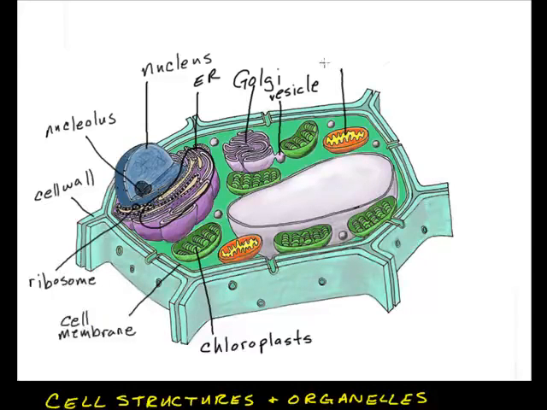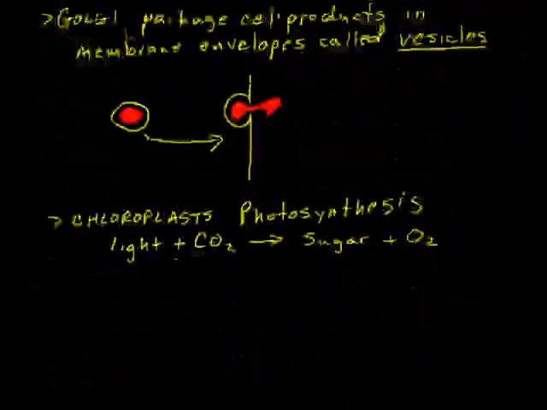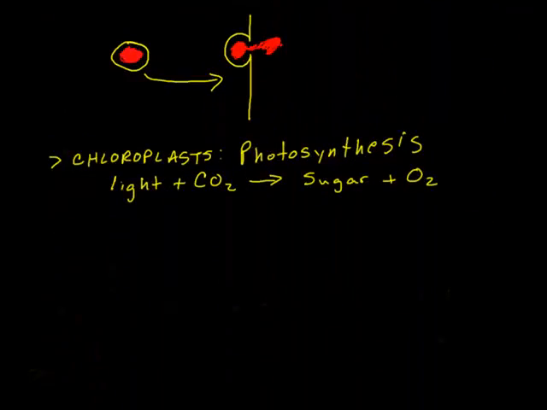Our next organelle is the mitochondria. We say mitochondrion as the singular, mitochondria as the plural, and it is a double membraned organelle, and this is where respiration takes place. So there are our key factors for mitochondria. This is where respiration occurs.